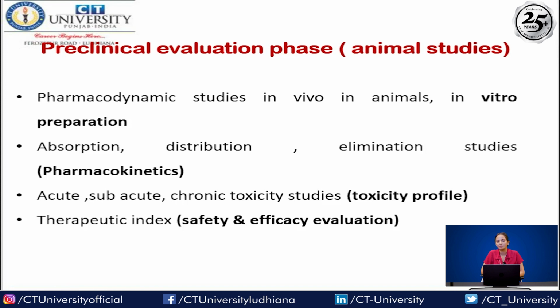In pharmacokinetics, we deal with absorption, distribution, metabolism and excretion of any medication. After this, we also evaluate acute, subacute and chronic toxicity studies, the toxic profile. After this, we also do the therapeutic efficacy. We will check the efficacy and safety of any new medication that will be going to market.